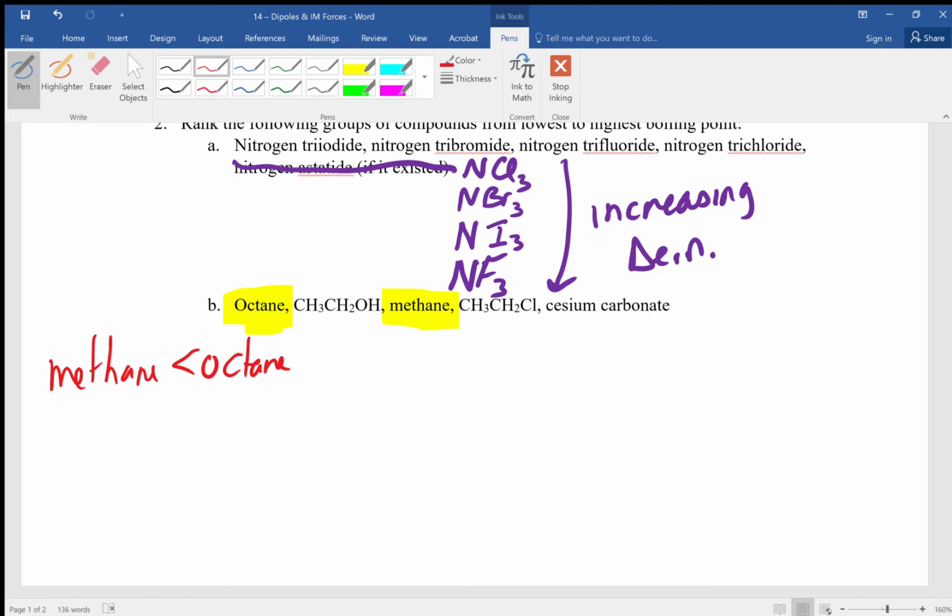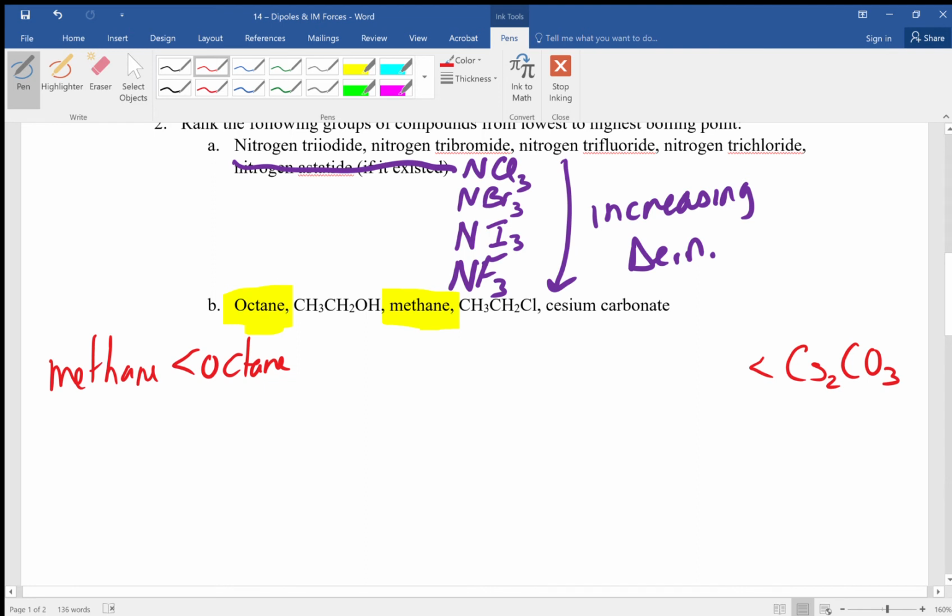Next, at the opposite end, we're going to have cesium carbonate. Why cesium carbonate? Well, cesium carbonate is an ionic compound, and we know that ionic compounds have extremely high boiling points, or melting points. So then it becomes a matter of what's going to be higher of what's left, ethanol or chloroethane.